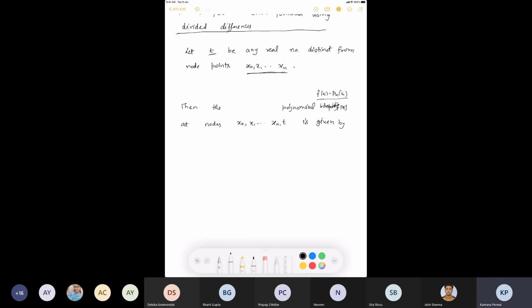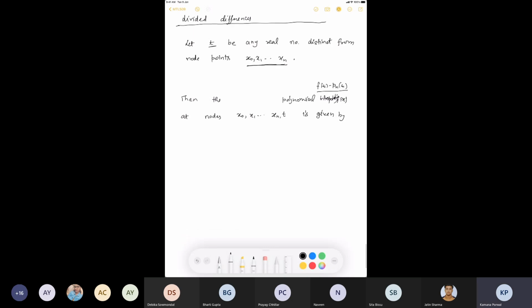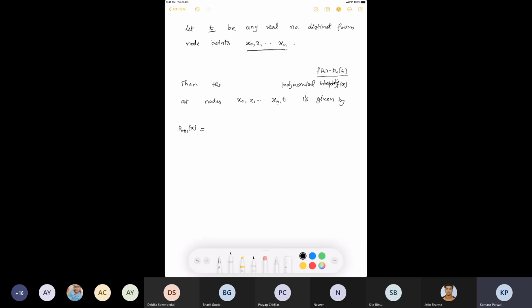So what will be the degree of that polynomial? How many points do we have? We have n plus 2 points, right? So the degree is n plus 1. Let me denote it by Pn plus 1(x). I'm just going to write the Newton's form of the interpolating polynomial.